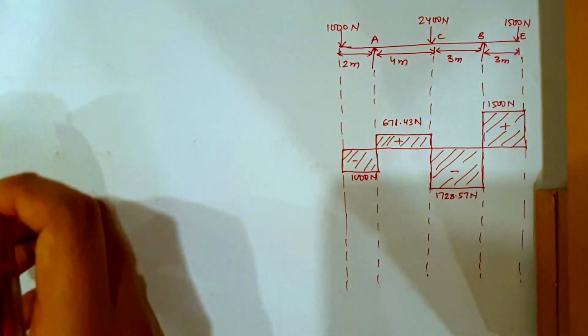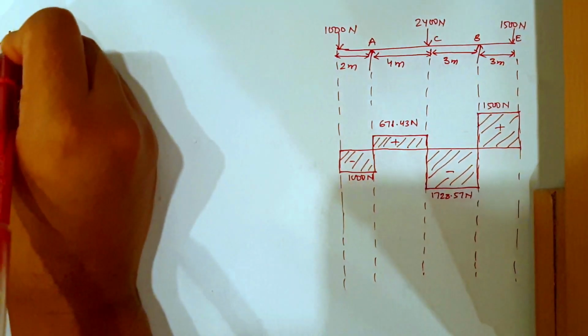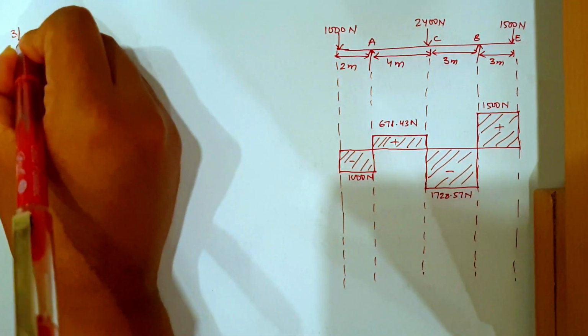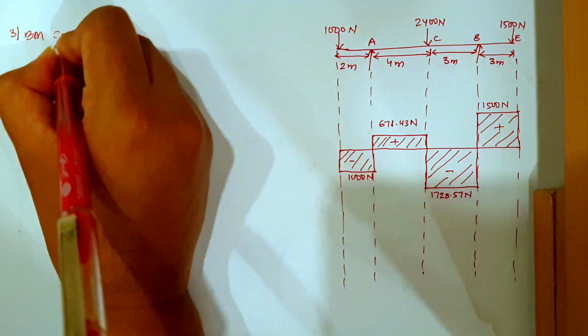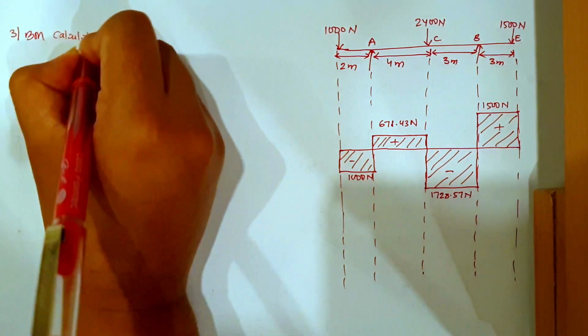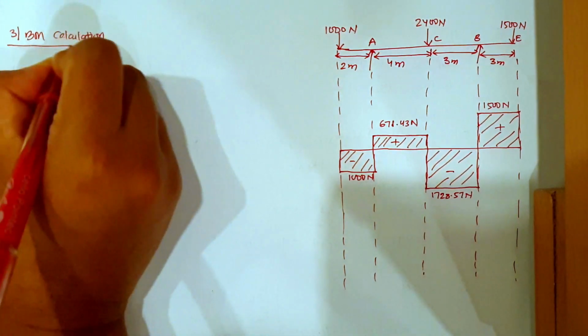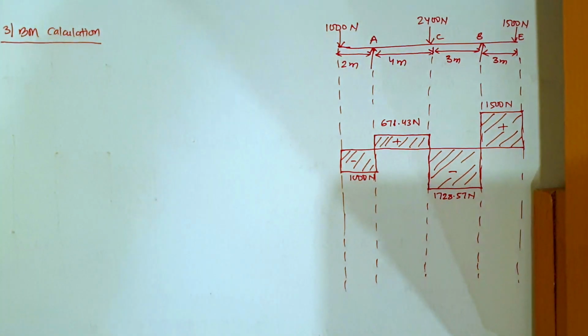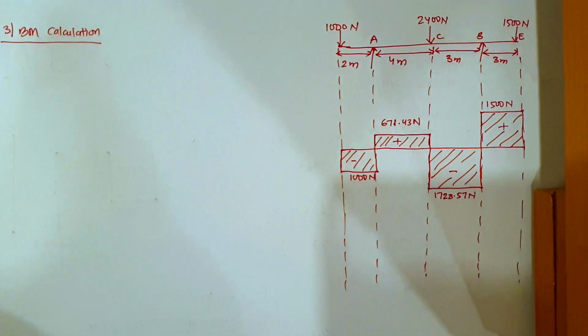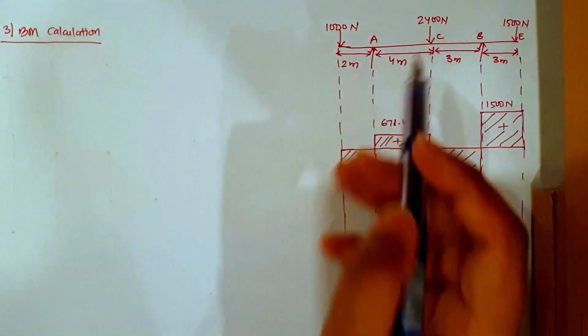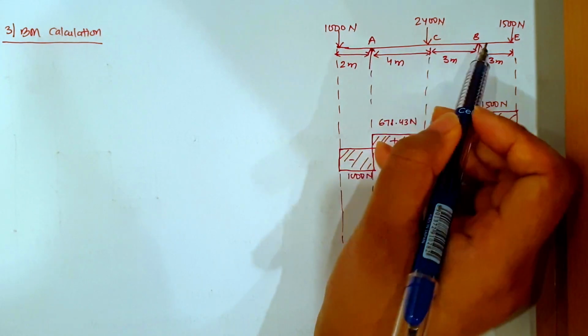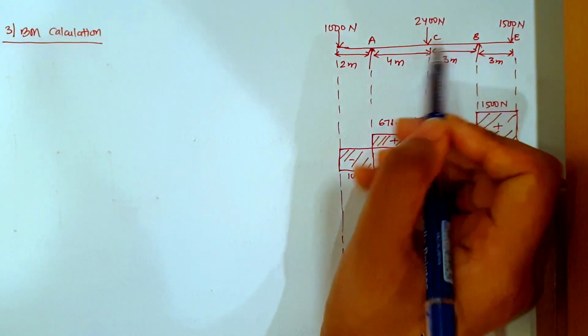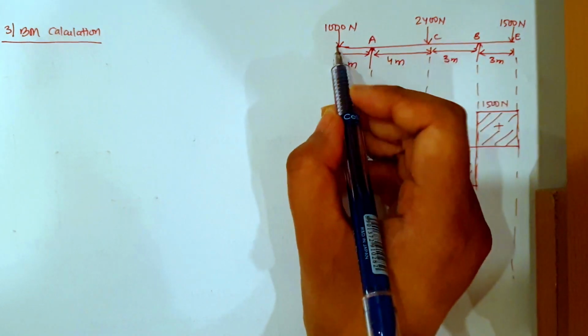Now let's find the bending moment. Number 3, bending moment calculation. So for this overhanging beam, there is support A and support B, and the moments at the supports will not be zero.